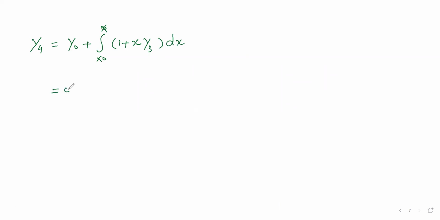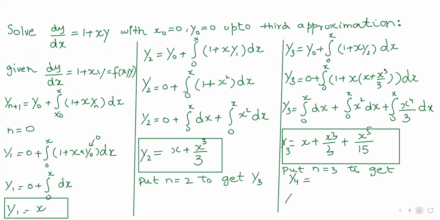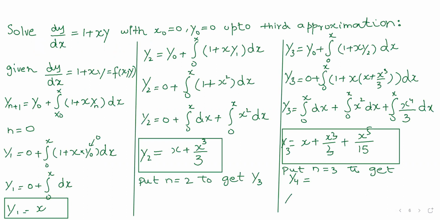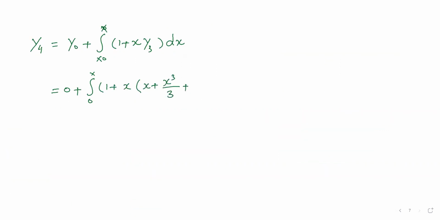y0 is 0, so 0 plus the integral from 0 to x of (1 plus x) times y3, which is given by x plus x cubed by 3 plus x to the 5 by 15, dx.